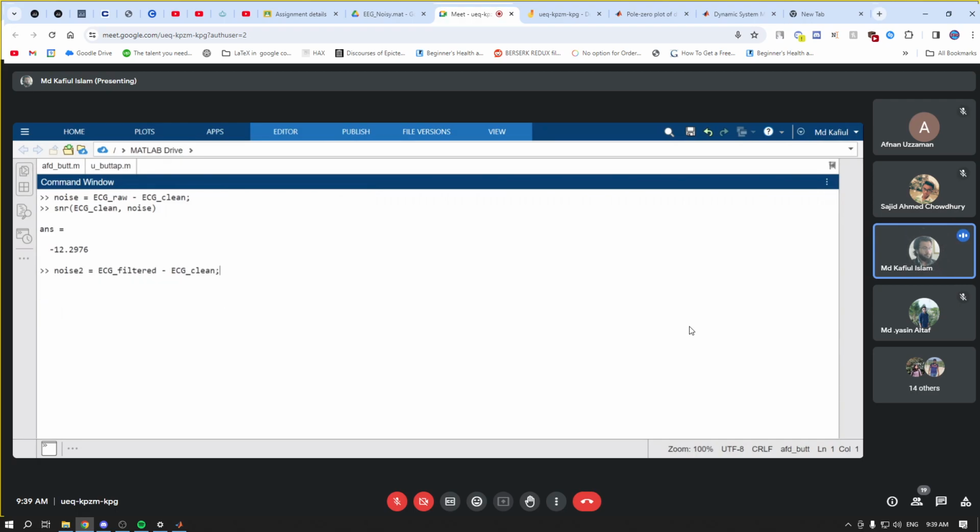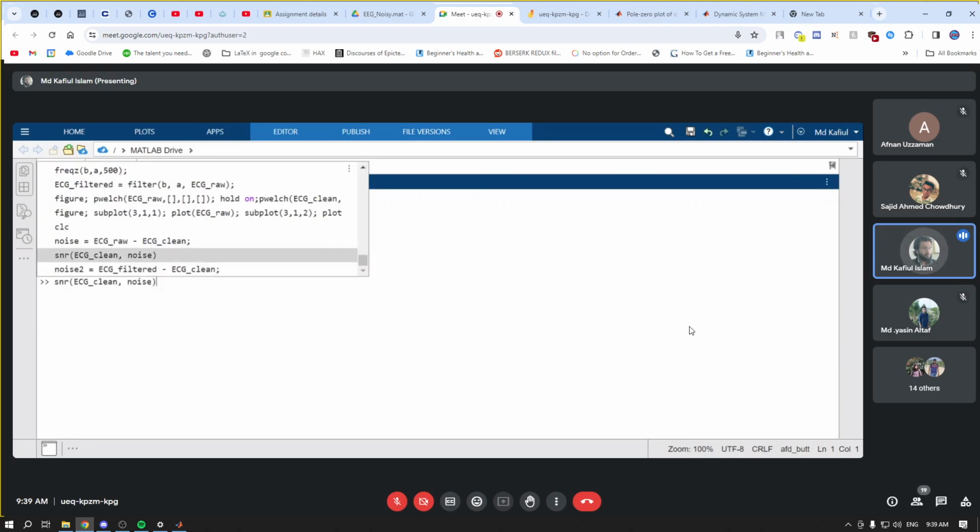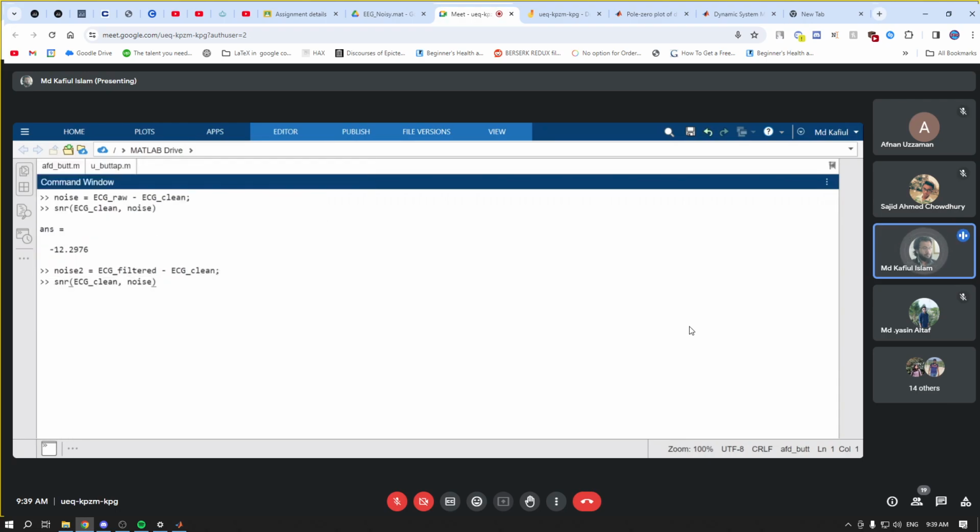So let's say it is noise 2. And then what is going to be the SNR? This is the SNR2. It's filtered, and now using noise 2. So previously you had minus 12 dB SNR. Now we have minus 2 dB. Has it increased from minus 12 to minus 2? Is it an improvement or not?